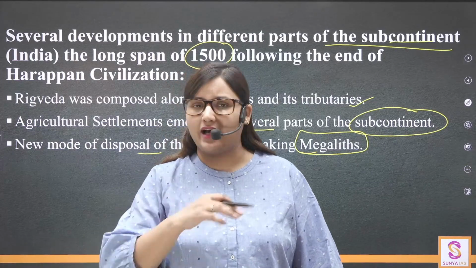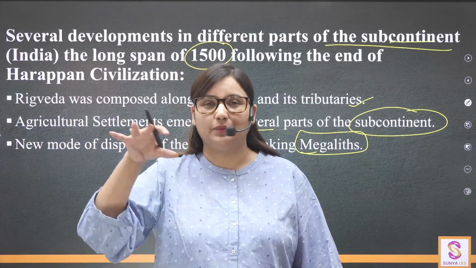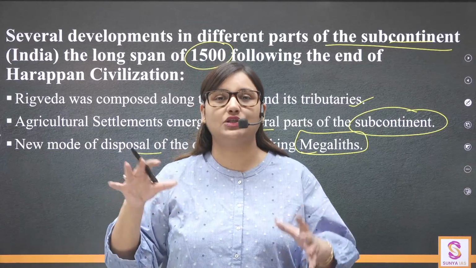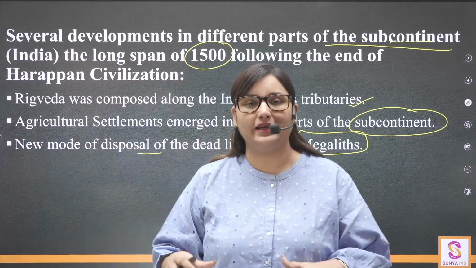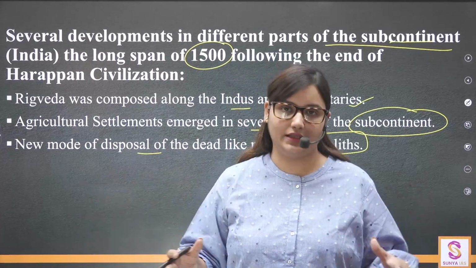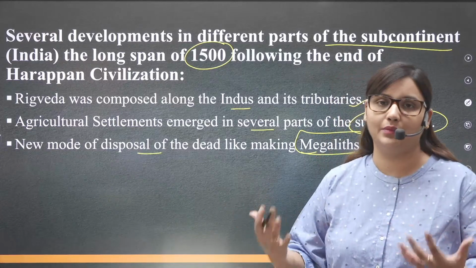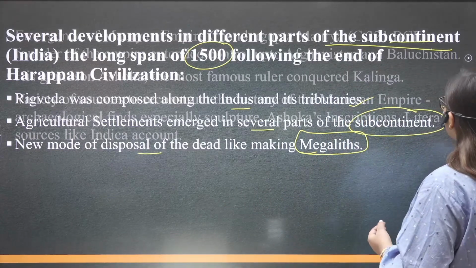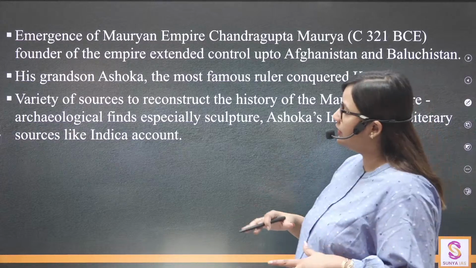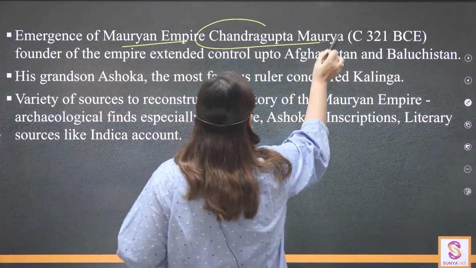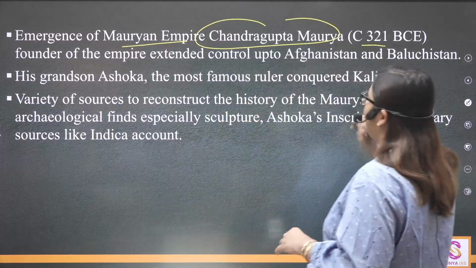We have seen the images where the dead were buried, and along the burial site so many big stone boulders were placed, so it was known as a megalithic site, and it was to protect the body from animals and bad climatic conditions. Fine, so we covered this. Then we saw the emergence of the Mauryan Empire, and there Chandragupta Maurya will come around 321 BC.